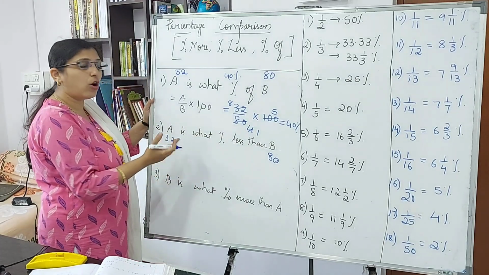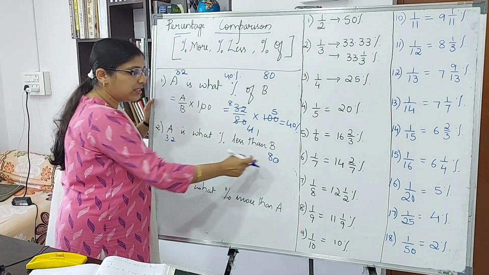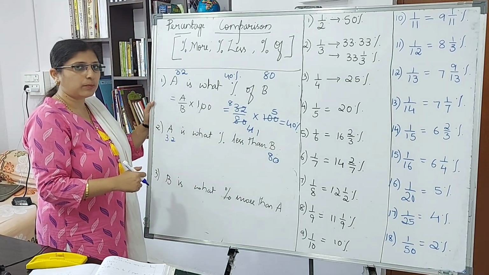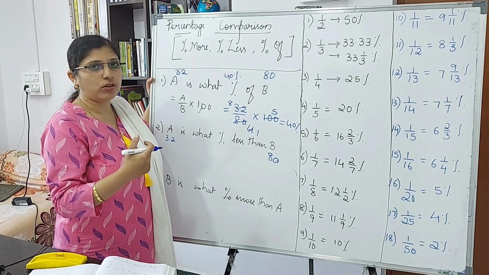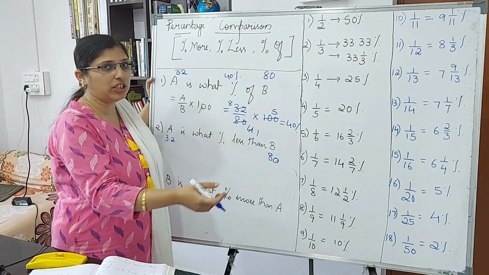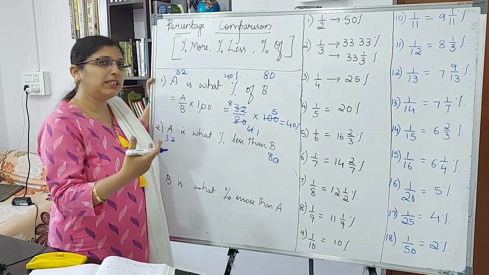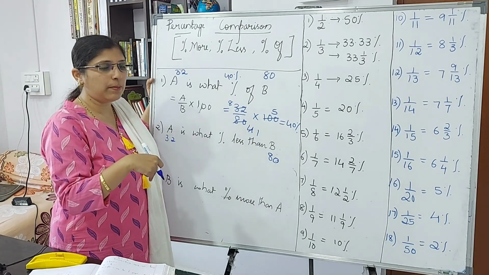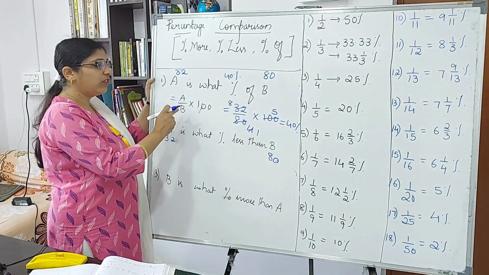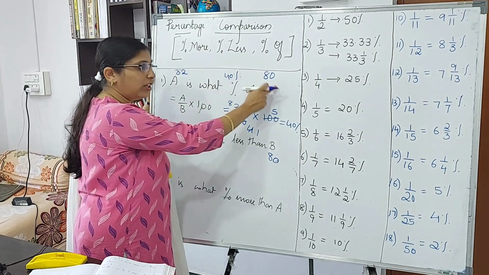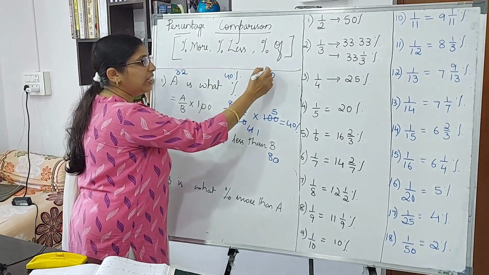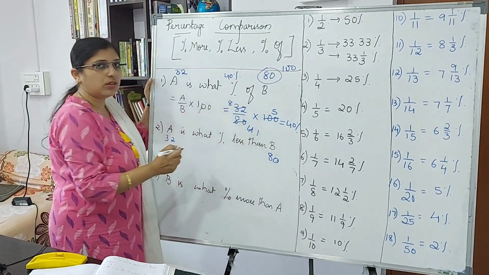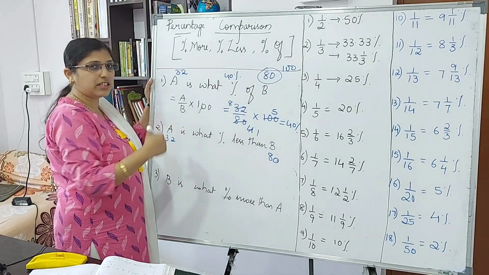Means 32 will be less than 80 by 60%. Now, for example, if I am eating 5 chocolates and the other person is eating 3 chocolates, then how much more am I eating? 2 more than them. Similarly, if 32 is 40% of 80, then how much is it less than 80? If 80 is 100, it will be less than 80 by 60%.